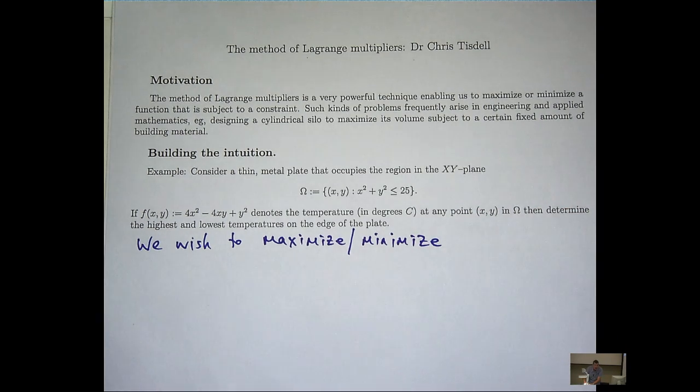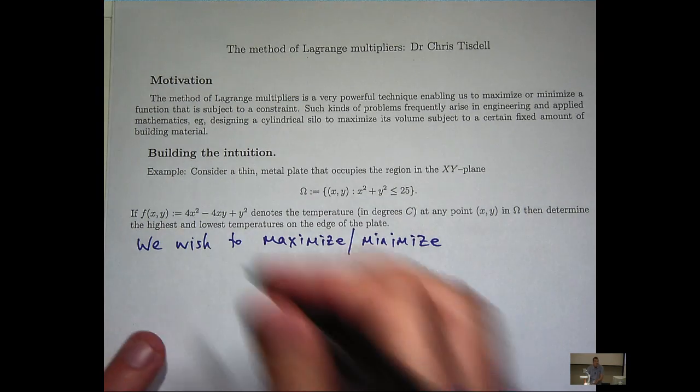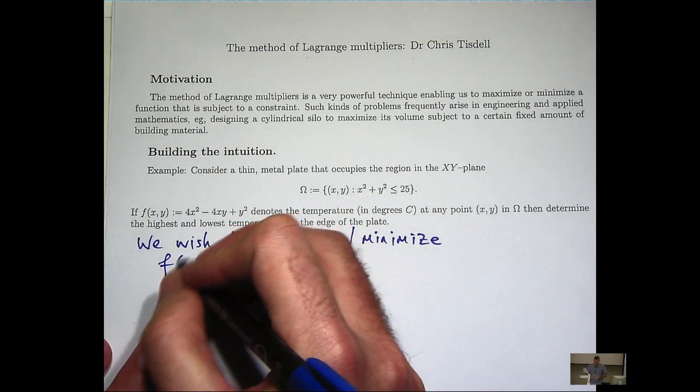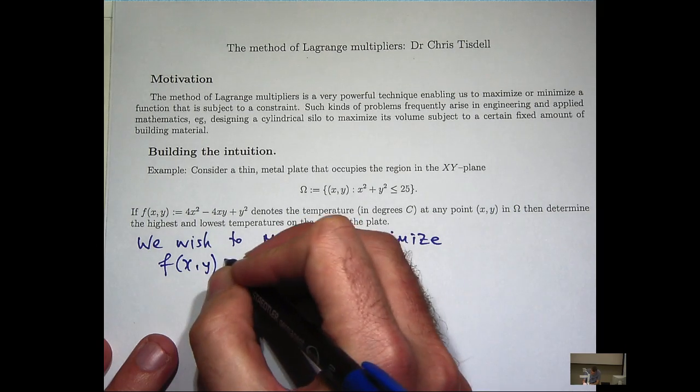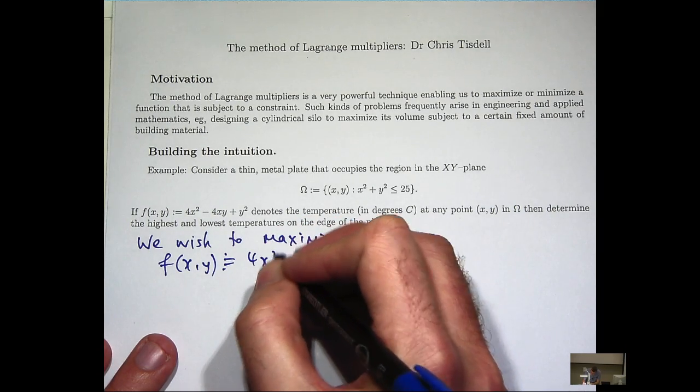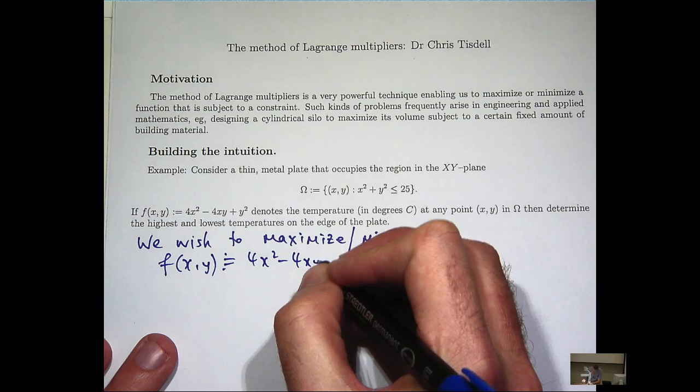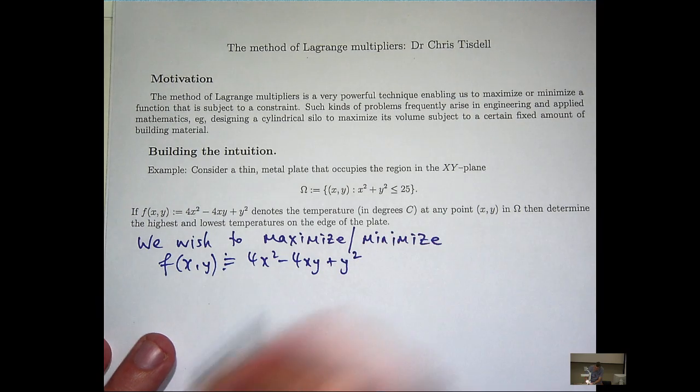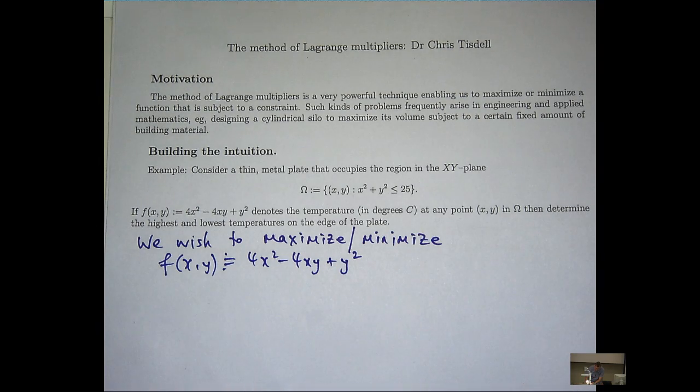We wish to maximize and minimize the temperature function subject to a constraint equation. Now, think about what equation the boundary of the disk would represent. Well, it would just be a circle with radius 5 and center at the origin.